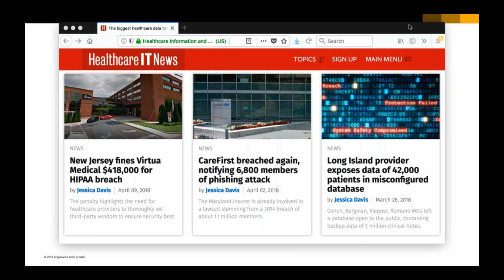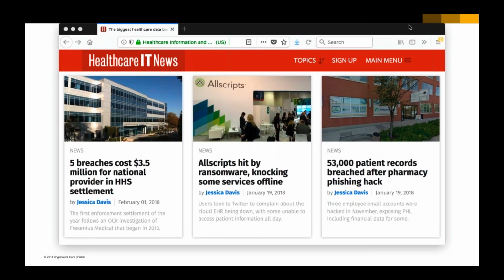Also, it's not just the hackers that are coming through the internet. Sometimes it's just negligence by employees, or disgruntled employees, that would compromise a system, that would lose systems, or in this case just forget about updating software, and for that reason suddenly patient data is on the internet, visible to everyone that has access.